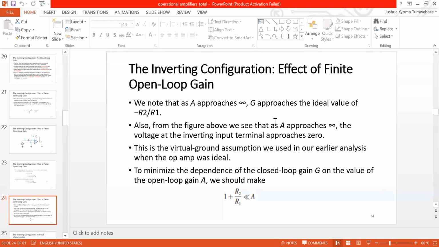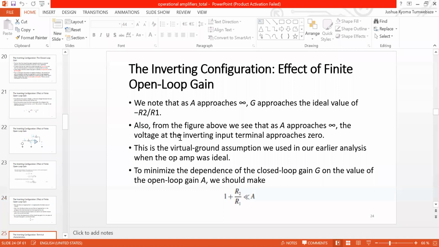But when you get to the lab work, hopefully you'll do that sometime soon, you'll see that the ideal results and the practical results will not differ very much, so that the effect of the finite open loop gain is not very significant.